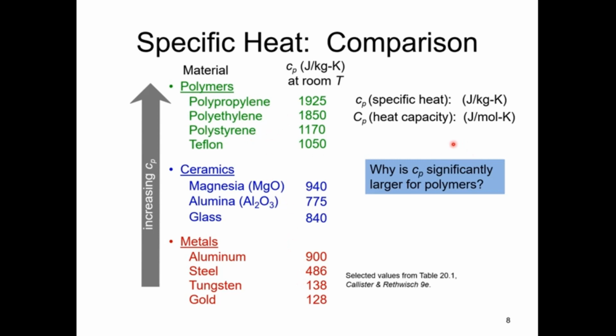So why is Cp significantly larger for polymers? We can describe this by looking at the density of the materials. Polymer is much less dense than metal. We know that metals are made up of close packed structures where atoms are tightly bonded to each other through metallic bonding.